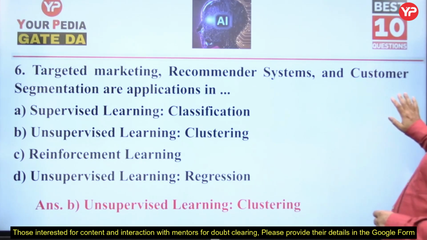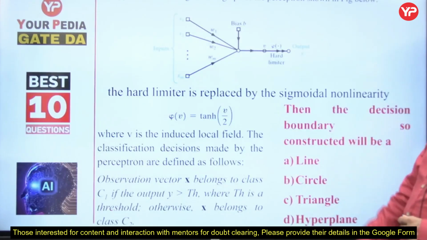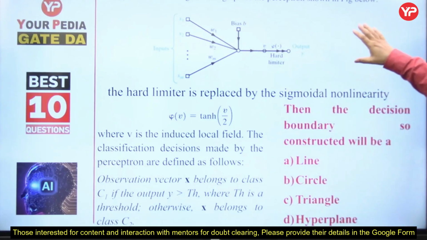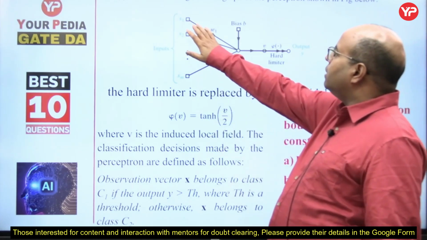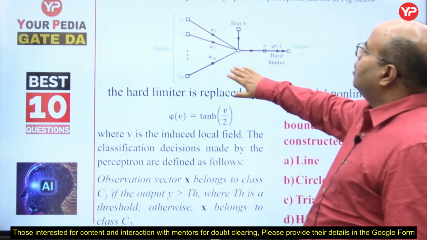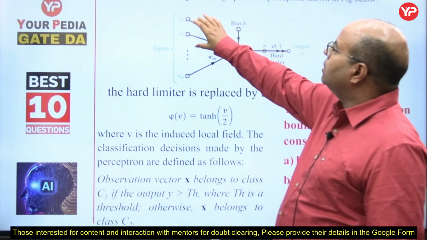Now coming to some real stuff, some tough questions let us do. Suppose that in the signal flow graph of the perceptron shown in figure below. So what happens in perceptron? It's a very simple thing. There are different ways to get input.